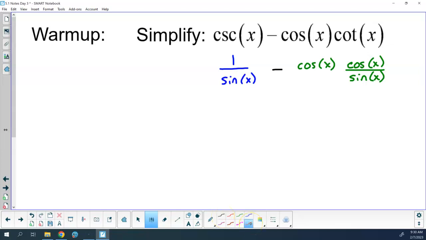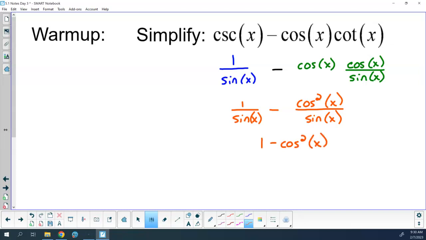So then this becomes 1 over sine of x minus cosine squared over sine of x. Can I combine those fractions? Yep, because they have common denominators. So then that becomes 1 minus cosine squared all over sine.